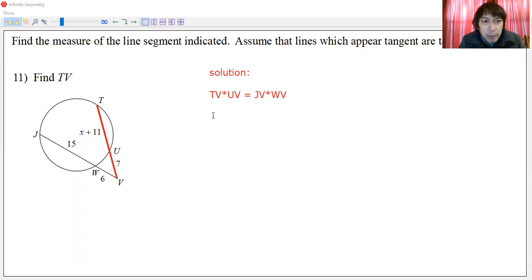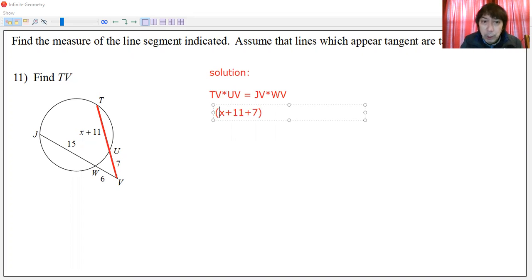TV is x plus 11 plus 7. Okay, so this is x plus 11 plus the 7. There. This is one quantity. The entire length TV is x plus 11 plus 7.